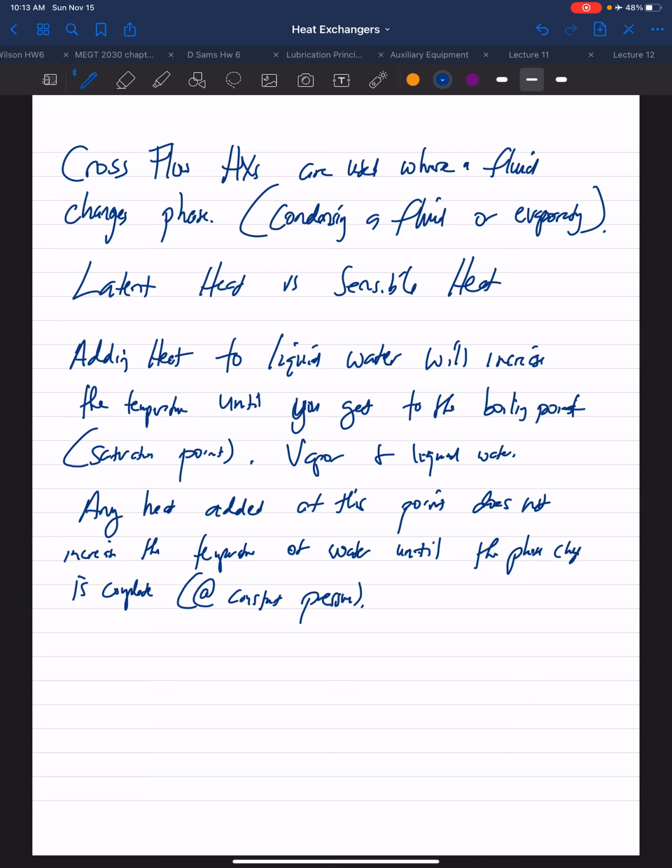And the opposite is true as well, which would be condensing the water vapor back to liquid water. You have to remove heat. And that's what the heat exchangers do. Either adding heat to get a condensing phase change or evaporating phase change. So going from liquid to vapor or vapor to liquid.